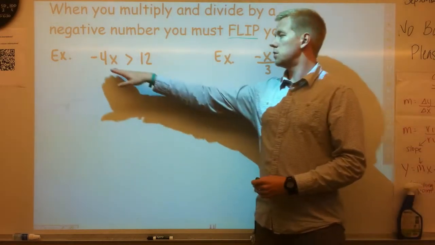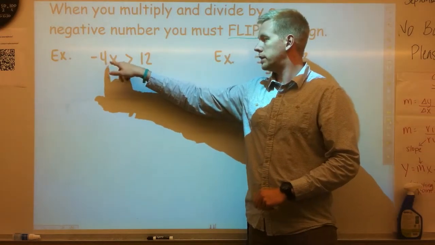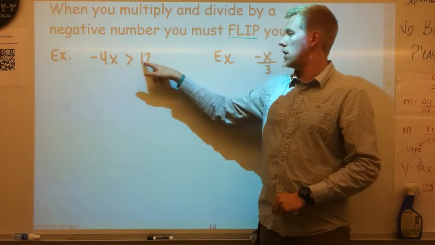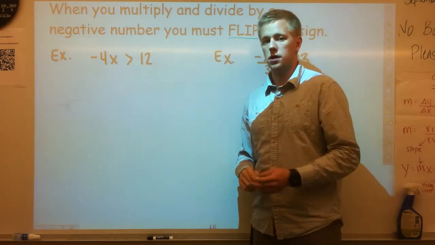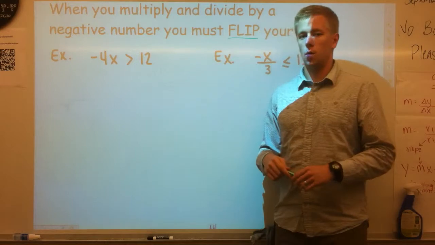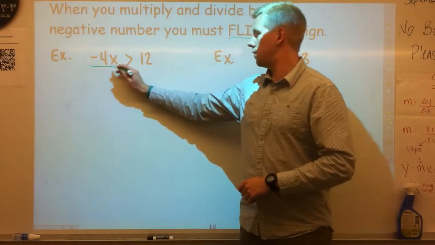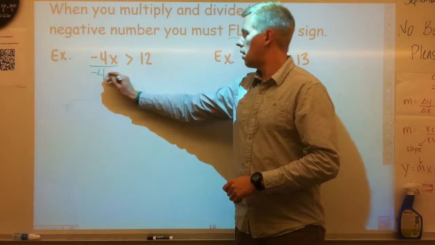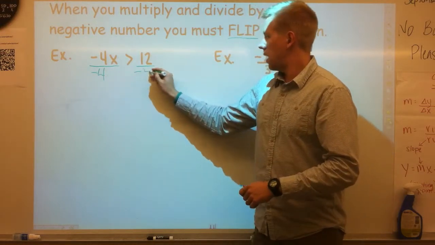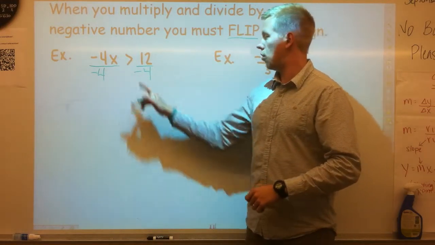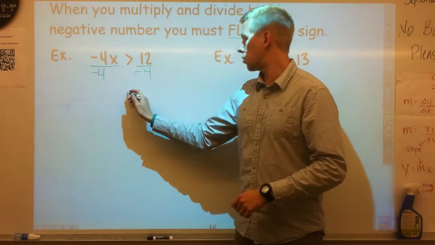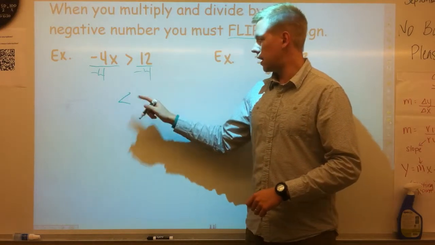Some of you probably already know what this means, but if I have negative 4 times x greater than 12, when I solve this inequality, just like I would solve a one-step equation, I would divide and undo the multiplication here. So I divide by negative 4 on both sides. And because I'm dividing by this negative 4, my sign is going to flip. So regardless of what my answer is, my sign will flip.